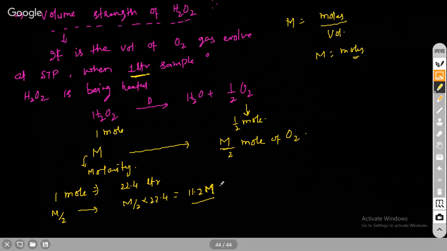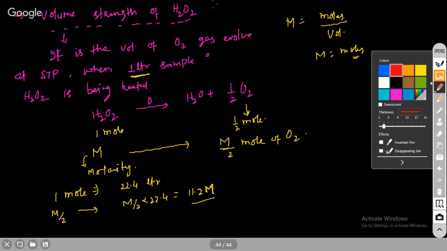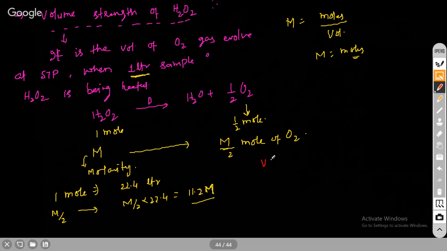So this formula you have to memorize. The volume strength of H2O2: definition is the volume of O2 evolved at STP. In terms of molarity, the volume strength of H2O2 is 11.2 into M, where M is the molarity. And normality equals molarity into n factor.